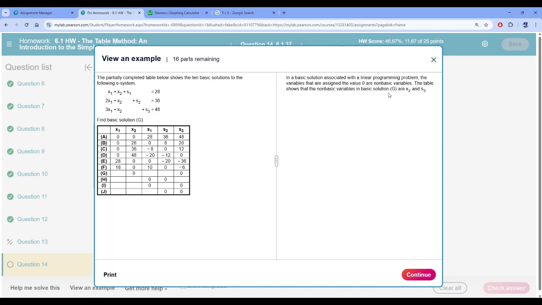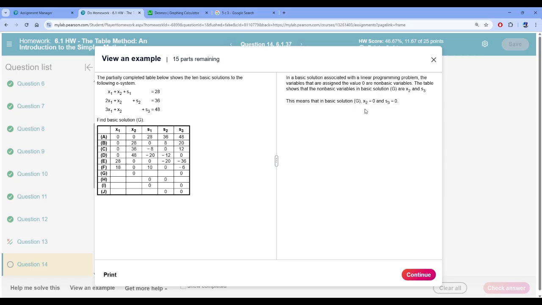Yeah, show the non-basic variables x2 and s3. That I got. I see those two zeros, which means that x2 equals 0 and s3 equals 0. So the equation is x1, x2, x3. The first equation says x1, x2, s1 equals 28 by substituting x2 equals 0 and yields that x1 plus s1 equals 28.